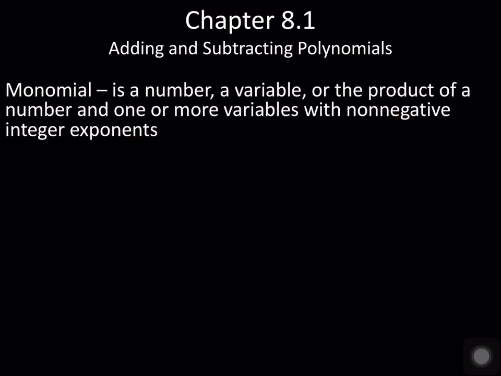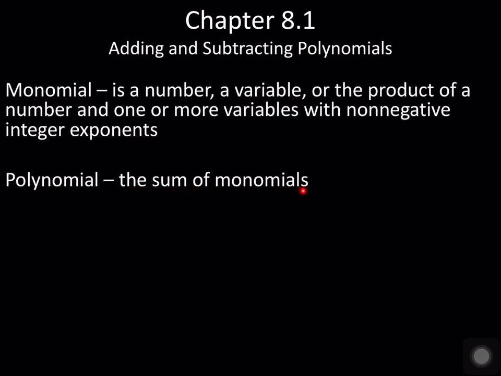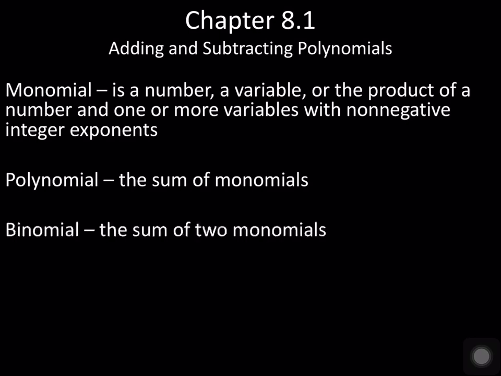We talked a little bit about this, but a polynomial simply says we've got more than one monomial, right? But we can't be multiplying because that would just be a bigger monomial. A polynomial says we're going to be adding monomials. Okay, now let's look at a couple of monomials here. Specifically, a binomial says that we've got two monomials.